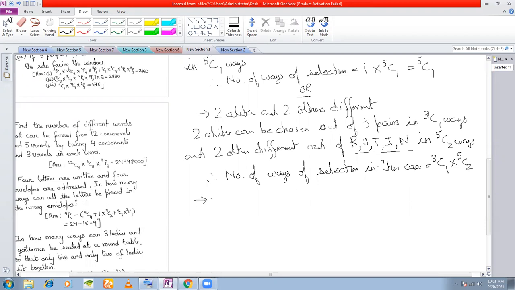And the last one, all four different. All four different can be chosen among, what are the all four different letters?